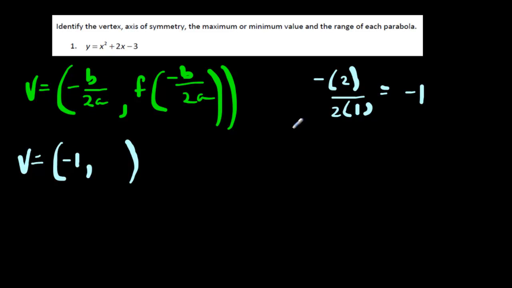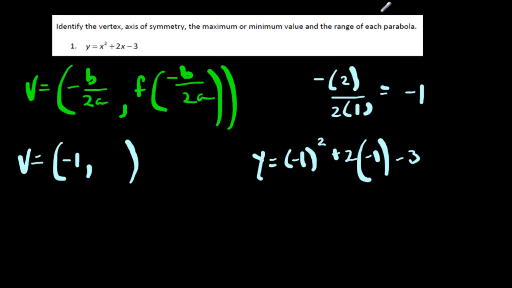So we're going to substitute negative 1 in for x, and simplify and see what we get. So y equals 1 minus 2 minus 3. So y is negative 4. That's my k. So this is part of my answer here.